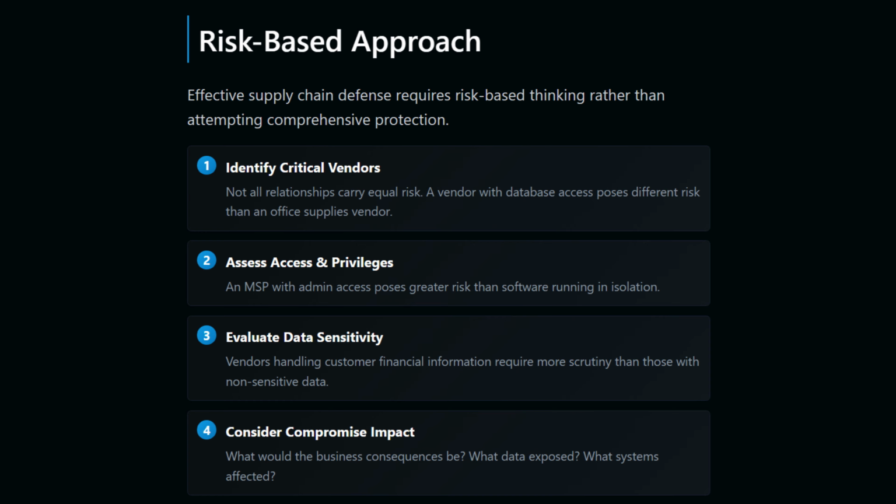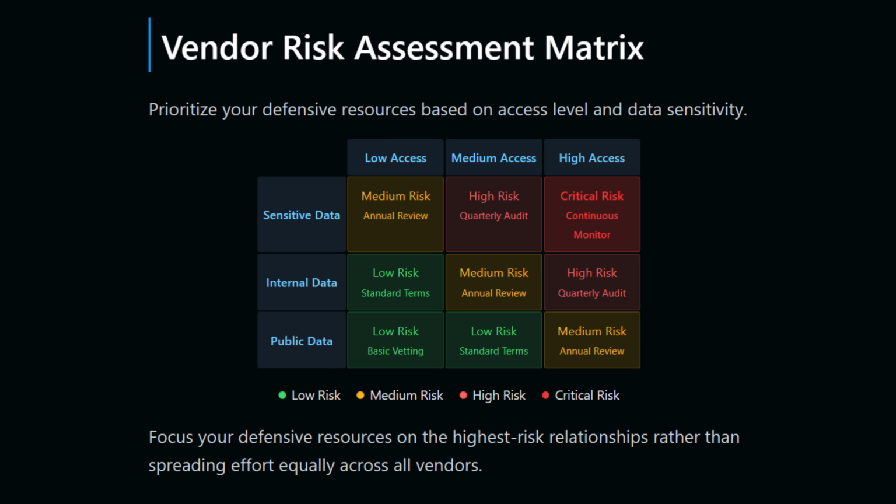Assess the access and privileges that each vendor has. A managed service provider with administrative access to your network poses greater risk than a software vendor whose application runs in isolation. Evaluate the sensitivity of data that vendors can access. Consider the impact if each vendor were compromised. Focus your defensive resources on the highest risk relationships rather than spreading effort equally across all vendors.